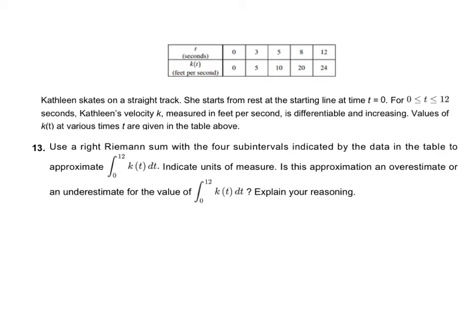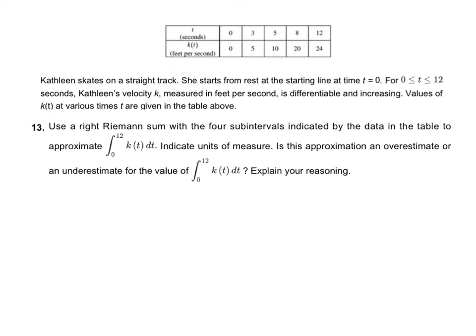Use the right Riemann sum with 4 subintervals indicated by the data in the table to approximate the integral from 0 to 12 of k of t. Indicate units of measure. Is this approximation an overestimate or an underestimate for the value of the integral, and explain your reasoning.